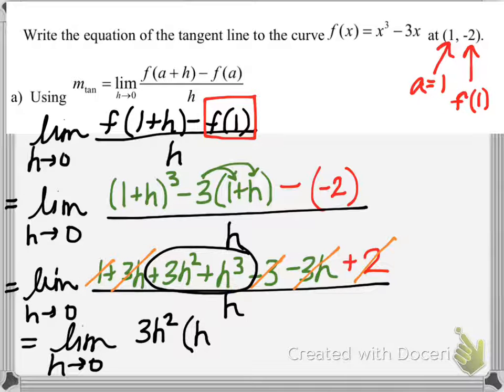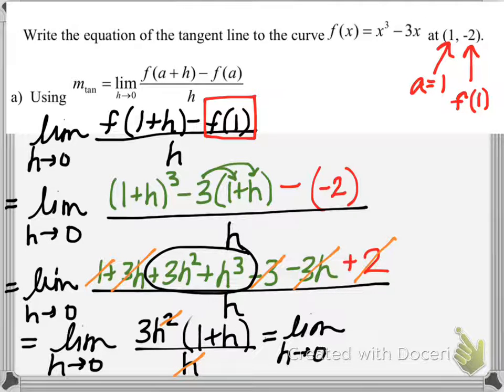We'll be left with 3h squared times the quantity 1 plus h, all divided by h. And this allows us to divide out an h from the denominator and an h from the numerator. Notice in my notation here, I've continued to write the limit as h approaches 0 because I haven't actually evaluated this limit yet.